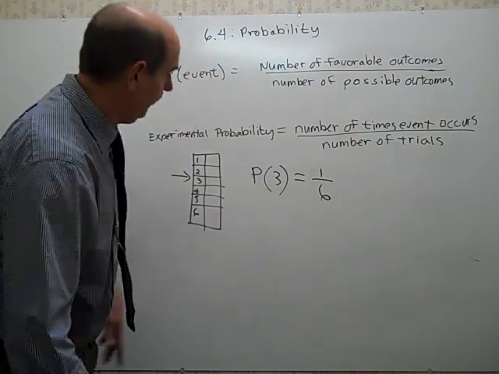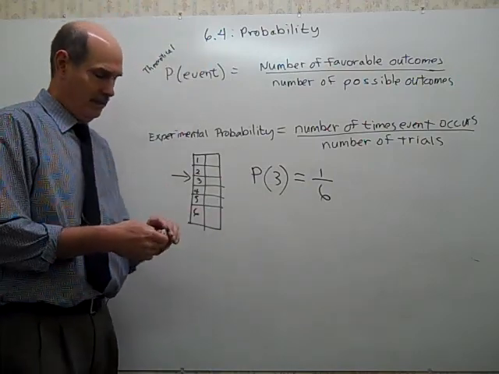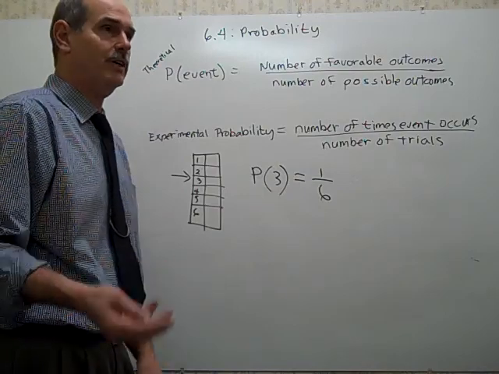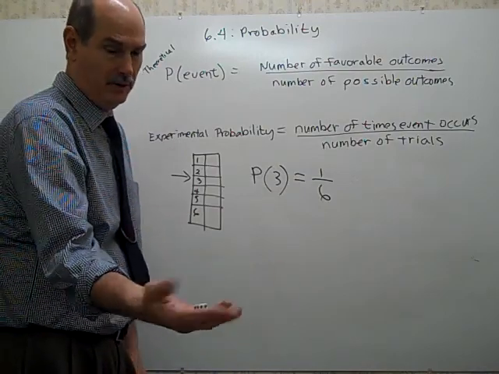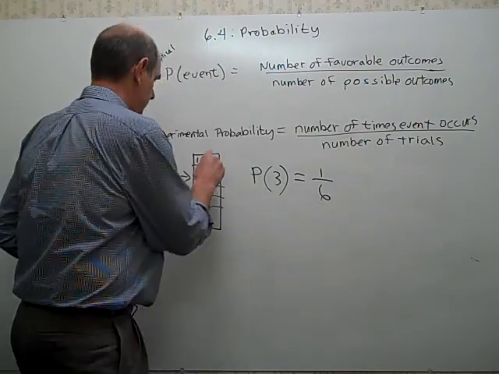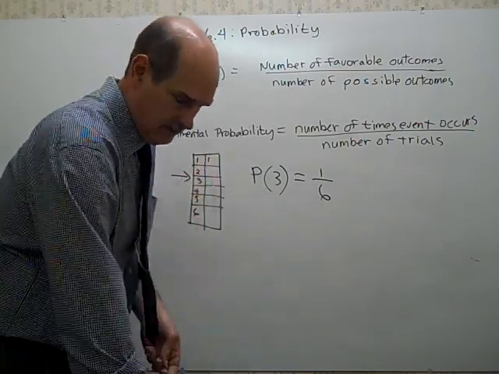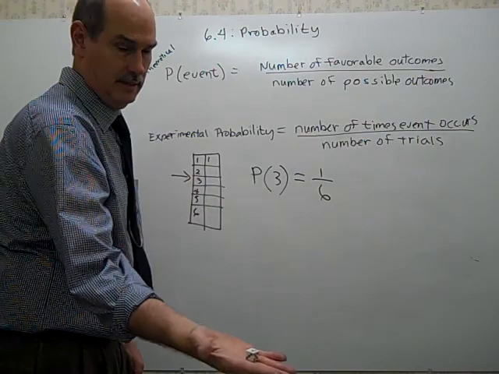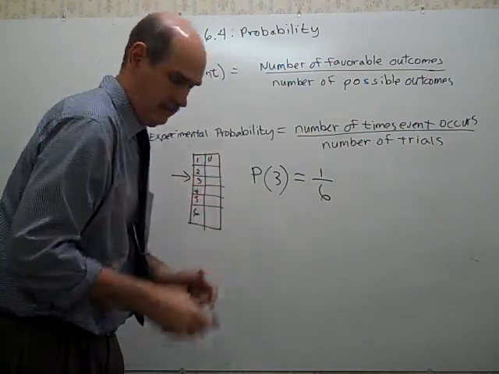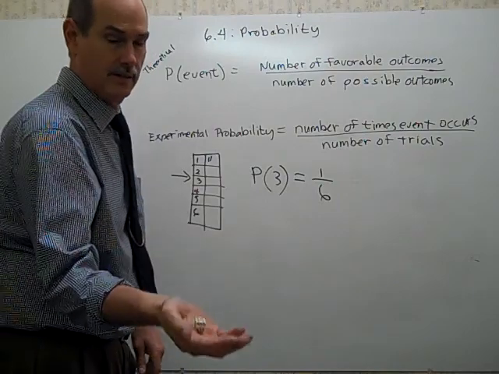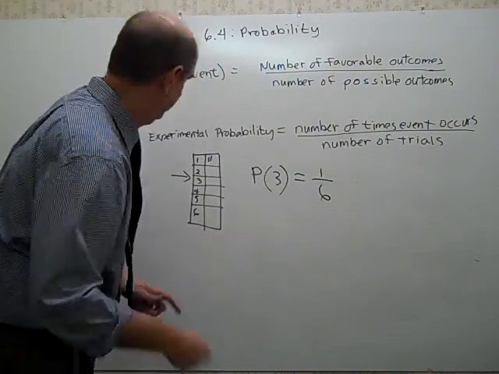So 1 out of 6 times I should get a 3, and I'm going to catch it and just hold it in my hand. And that's a 1. That's a 1. That's a 2.